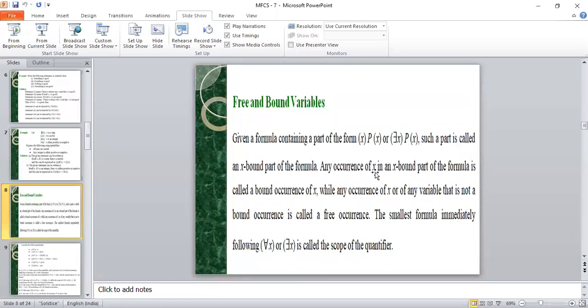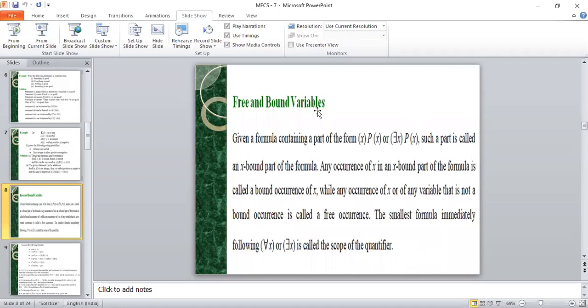Any occurrence of x in an x bound part of the formula is called a bound occurrence of x, while any occurrence of x or of any variable that is not a bound occurrence is called a free occurrence. The smallest formula immediately following for all x or there exists x is called the scope of the quantifier.